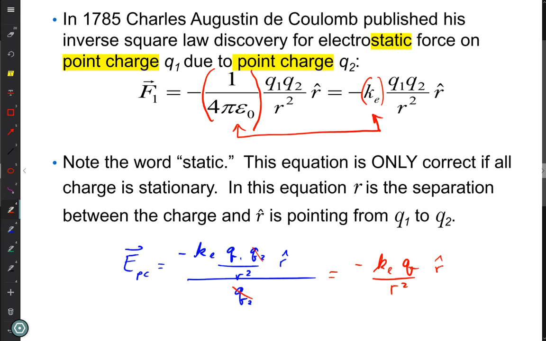Notice I dropped the subscript on the Q because now I'm just looking at the electric field due to a point charge Q. And then if I bring another point charge out, the force on this point charge due to the electric field from that point charge is E times Q. So that would be Coulomb's law in electric field instead of force.